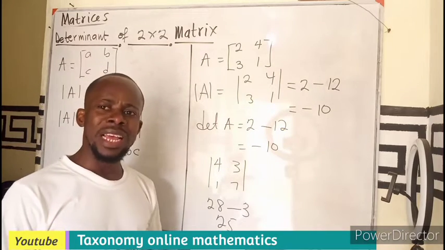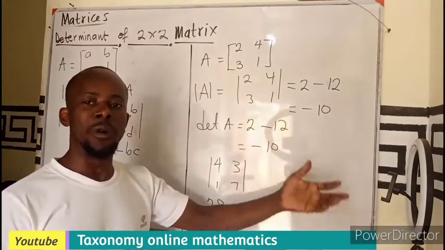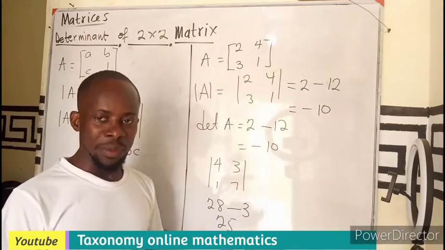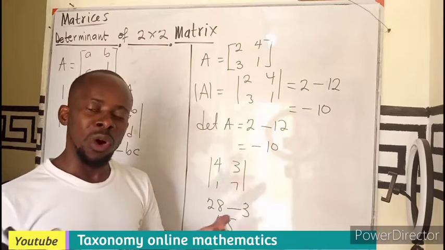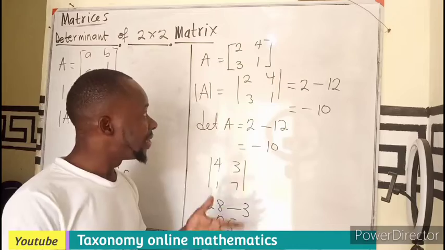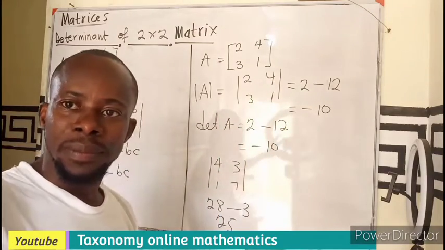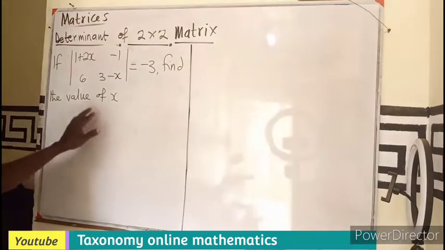Alright. Now, there are instances whereby this can be put into an equation form. That is, an equation involving a determinant of 2 by 2. Let's take a similar question and see how we can apply that. Alright, so look at this.